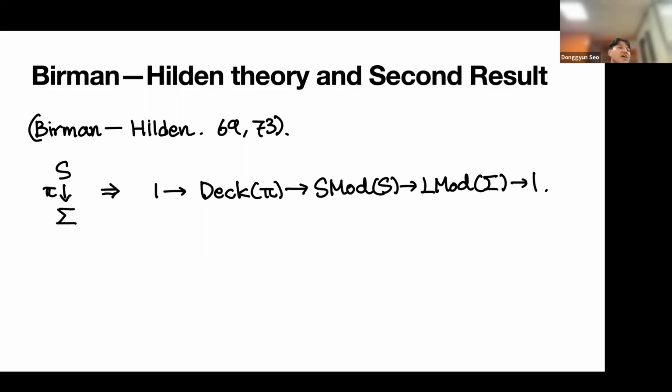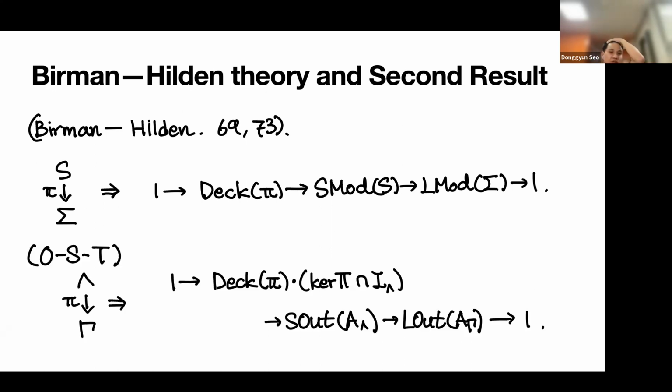Because we start from the simplicial cover, we can apply the Birman-Hilden theory to the automorphism group of the right-angled Artin group. Birman-Hilden theory says that if we have a regular branched cover of a surface, then Birman-Hilden proves that there is some short exact sequence between the symmetric mapping class group and the liftable mapping class group, and the group of deck transformations.